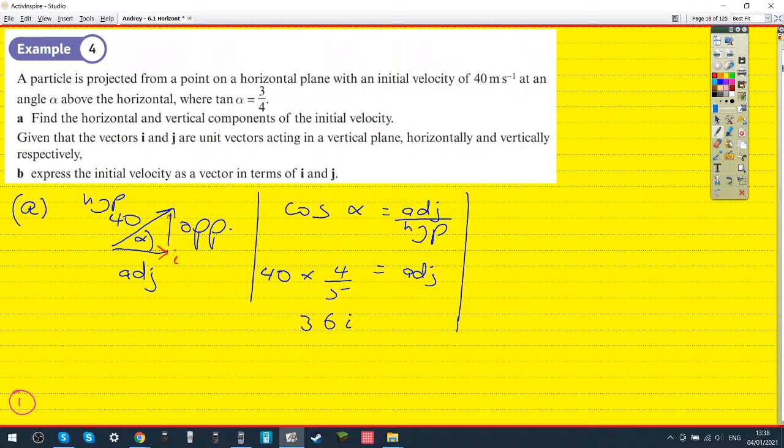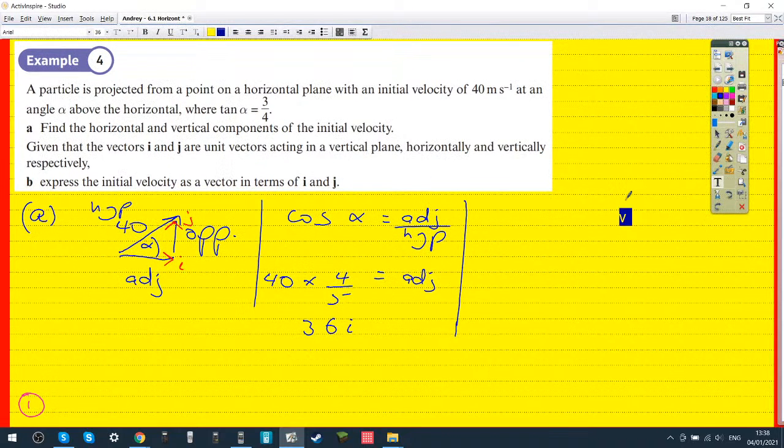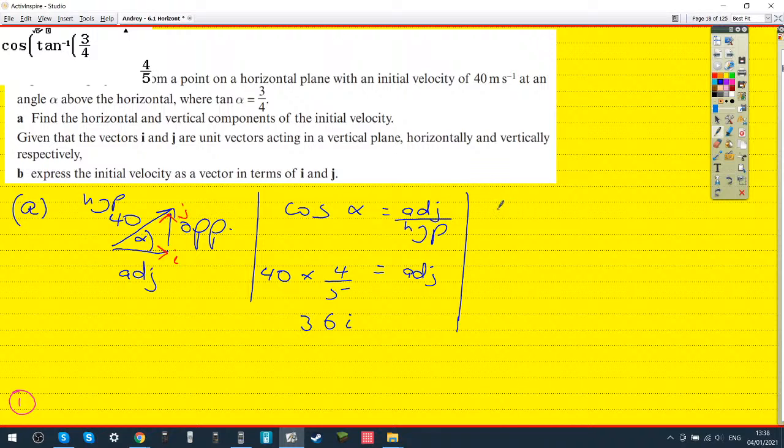So now we're doing the opposite. So is that now going to be like sine? Yep. So sine alpha equals opposite over adjacent, or over hypotenuse, sorry. Opposite over hypotenuse, yeah. And so that'll be sine alpha equals opposite over 40. And so 40 sine alpha equals opposite.